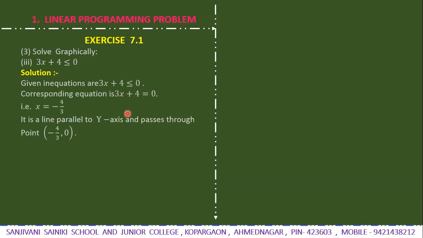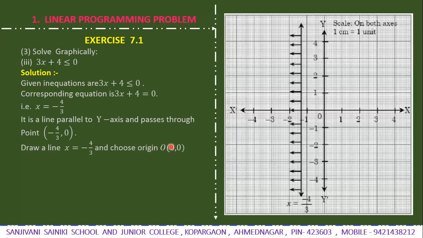Now look at this problem. The corresponding equation is 3x plus 4 is equal to 0. So x is equal to minus 4 by 3. So the line is parallel to the y-axis and it passes through (-4/3, 0). Here is minus 4 by 3.